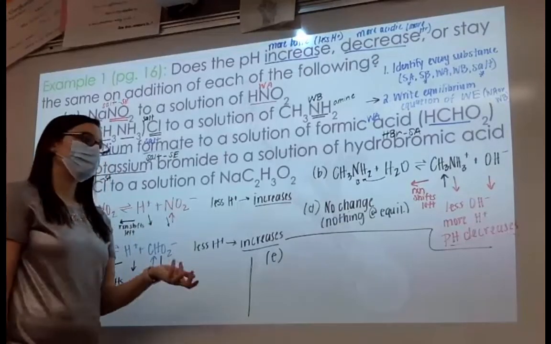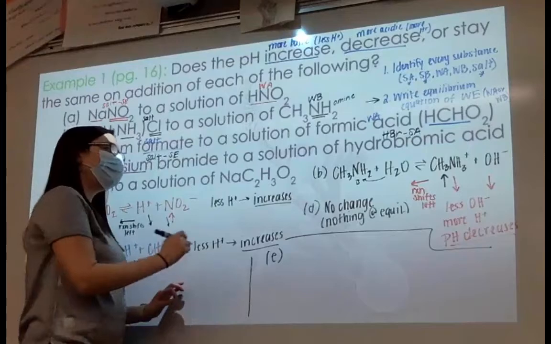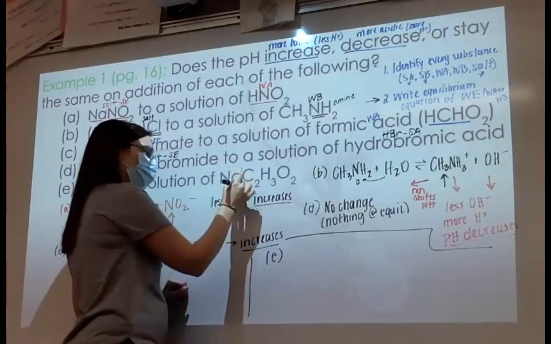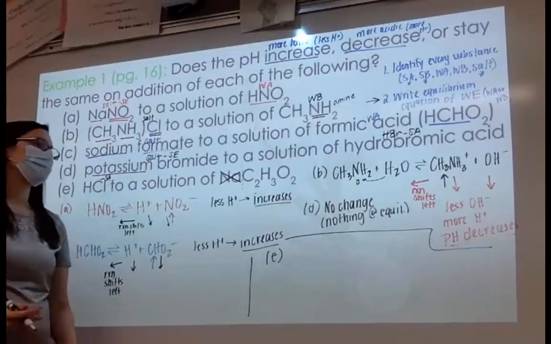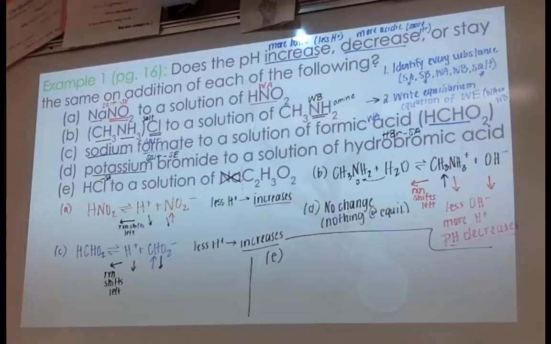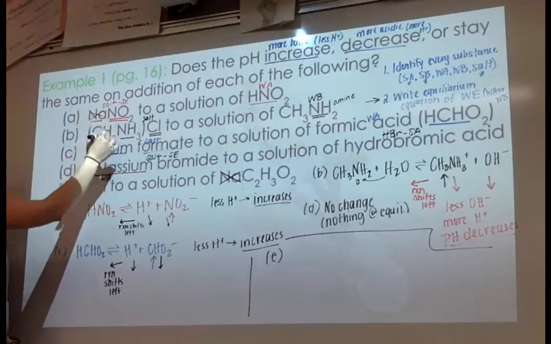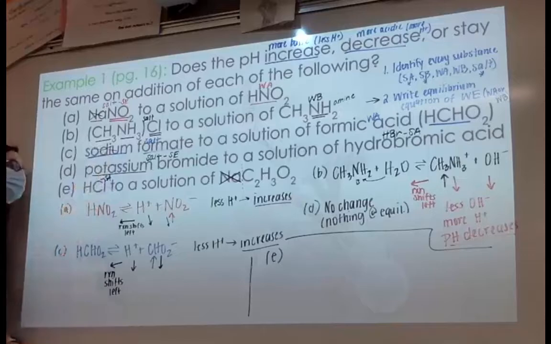Yeah, it is. However, if we think back to our salts, Na plus is always neutral. Na plus is also always a spectator ion. Notice how in all of these, sodium is typically what is used in the salt.